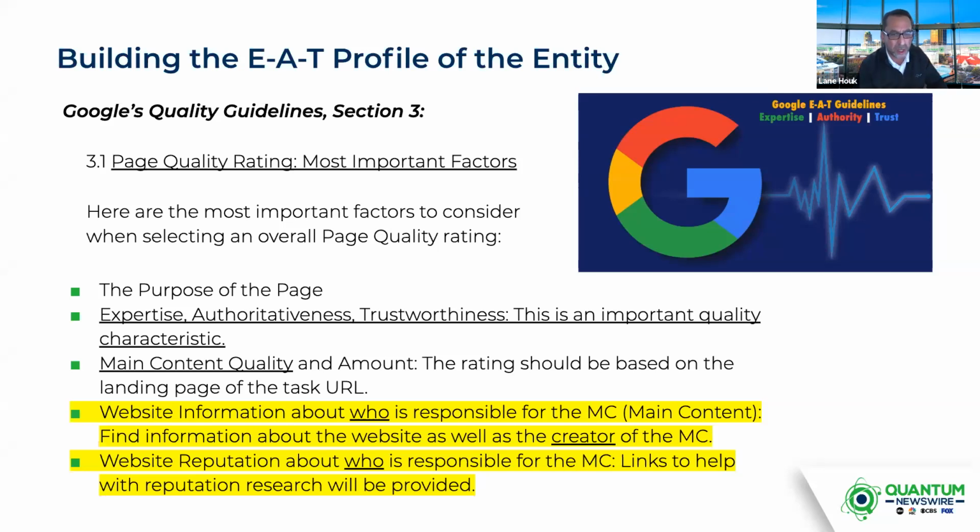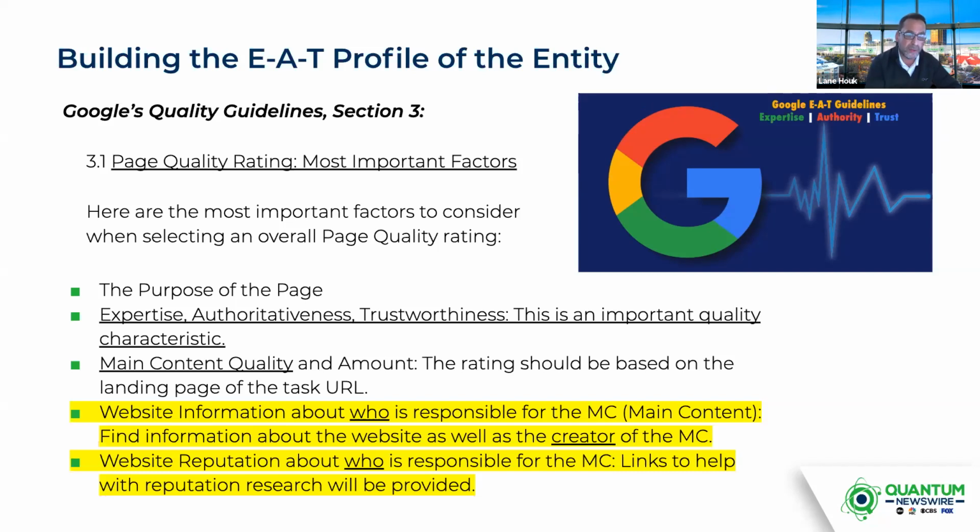For a couple of years before we built out the strategy and honed it in, we would add more clients and then have to add more staff, and add more clients and add more staff. It was a stair step. It was really growth, but we didn't scale because we didn't have the systems to efficiently reproduce this on a monthly basis. That's what we tried to solve as we got to work on building Quantum Newswire.